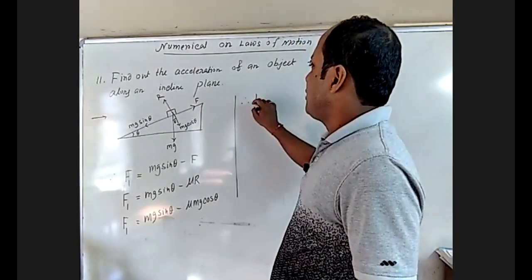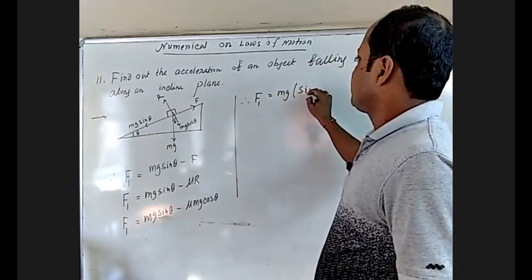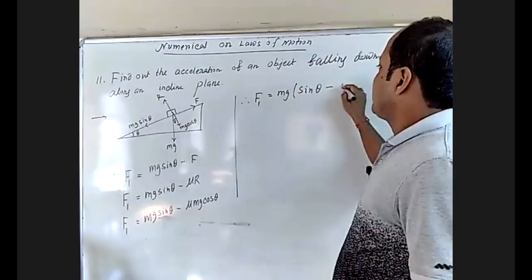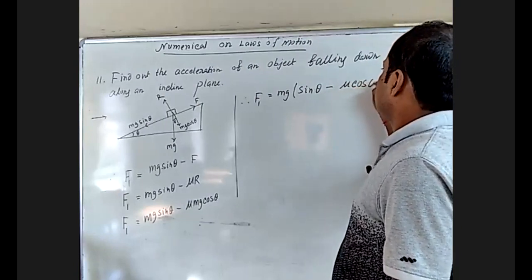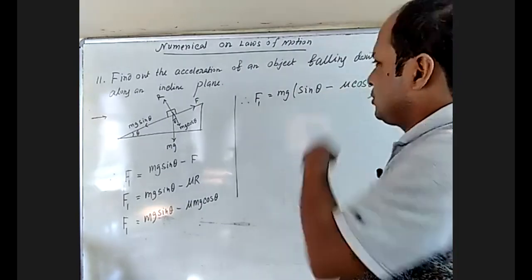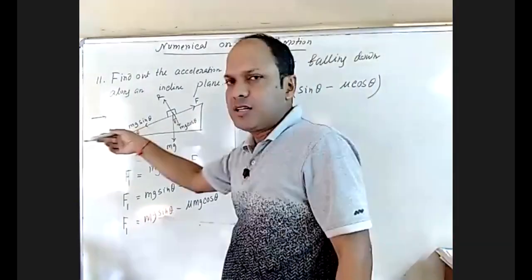So F1 equals mg sin theta minus mu mg cos theta. So this is the resultant force acting on the object along the downward direction.